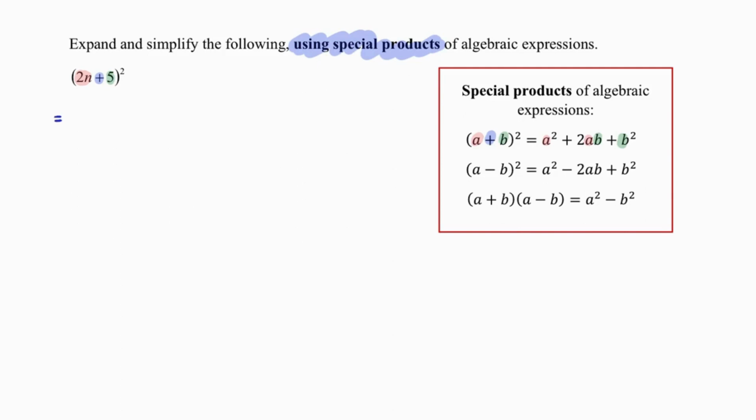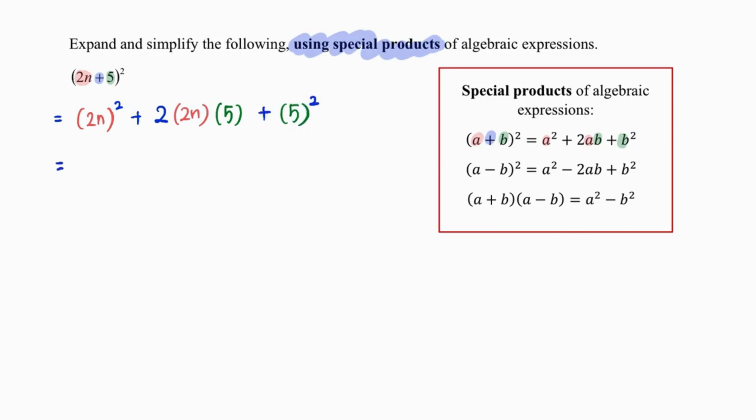So this one will be equal to my A square plus 2 times my A times my B, and plus my B square.